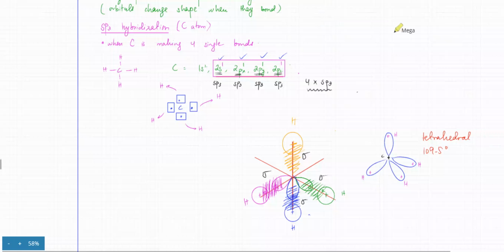Just as an example, let's say you have this molecule that I'm drawing. Can you tell me which of the carbon atoms are sp3 hybridized?